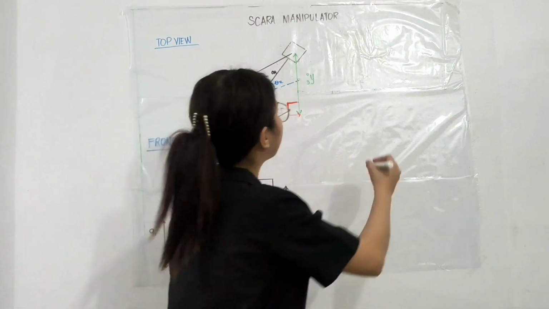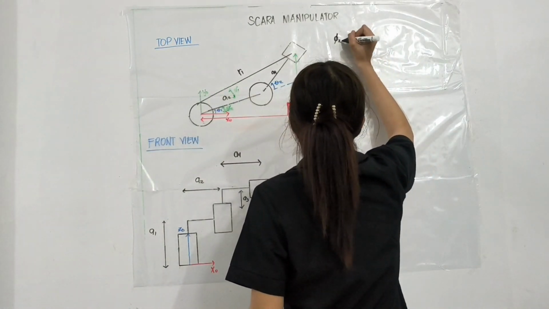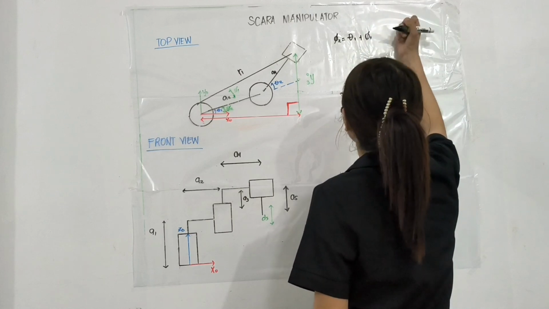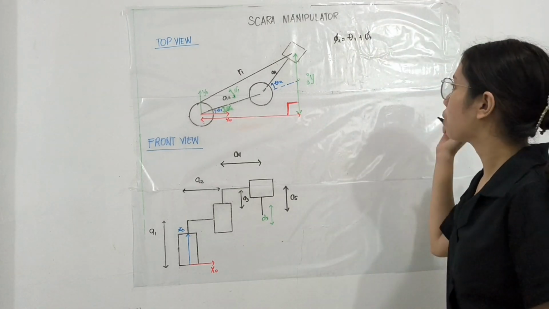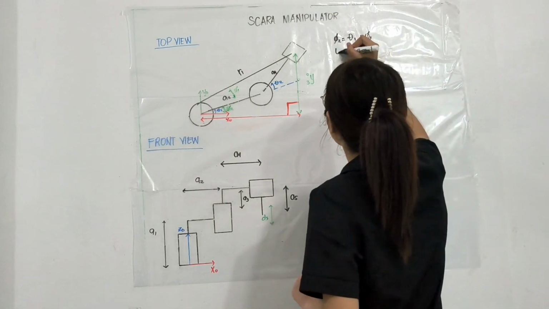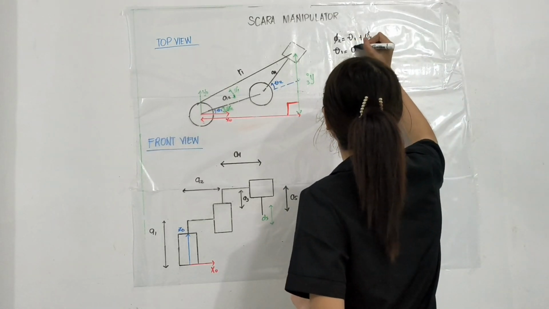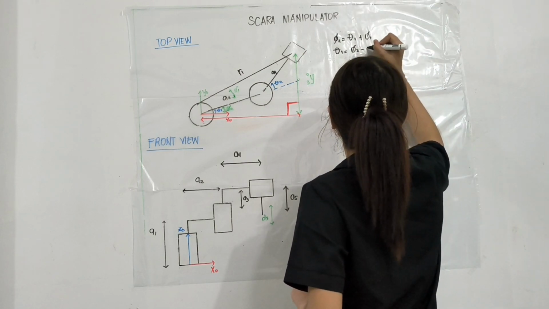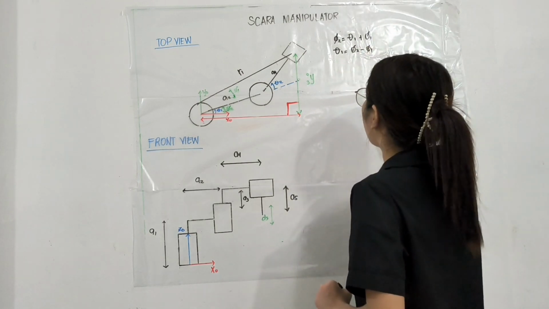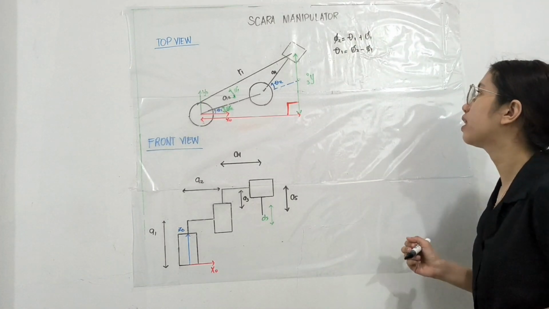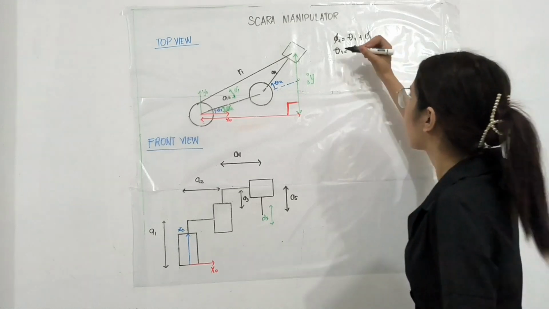So we have phi 2 is equal to theta 1 plus phi 1, and if we arrange it to solve for theta 1, we have theta 1 is equal to phi 2 minus phi 1. So we will need to find the values of phi 1 and phi 2 to solve for theta 1.